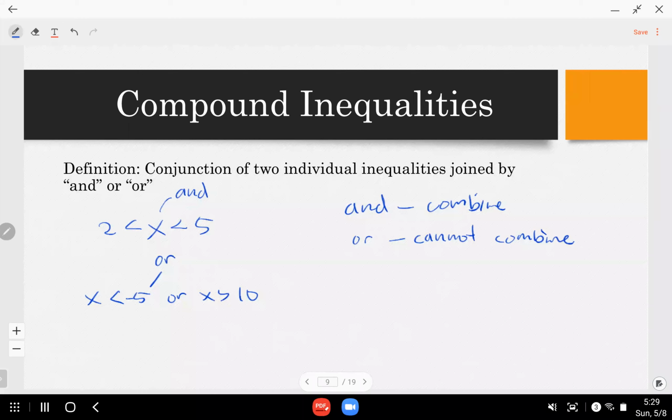Why? Because if x is less than -5 and greater than 10, it doesn't make sense anymore. It can't be between -5 and 10, because it's branching off.